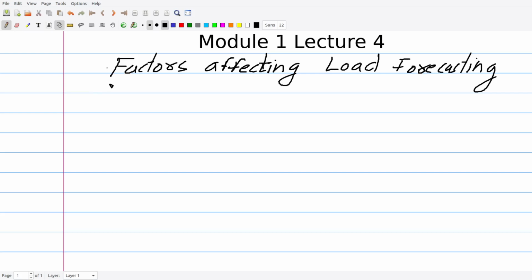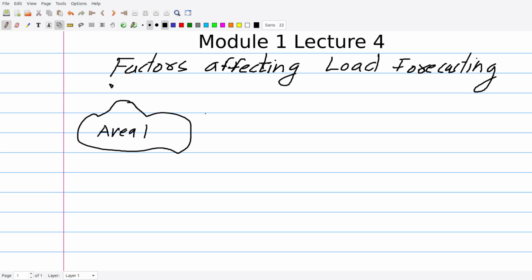So how does load forecasting get affected? There are many factors which affect load forecasting, and these effects also vary from one area to another.